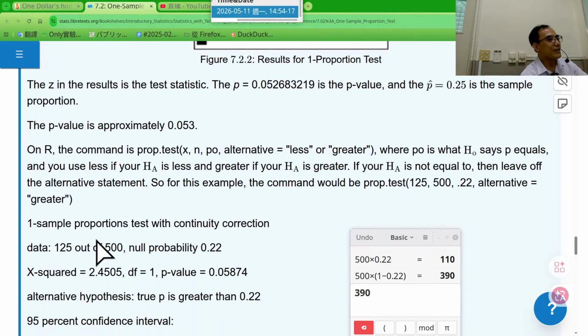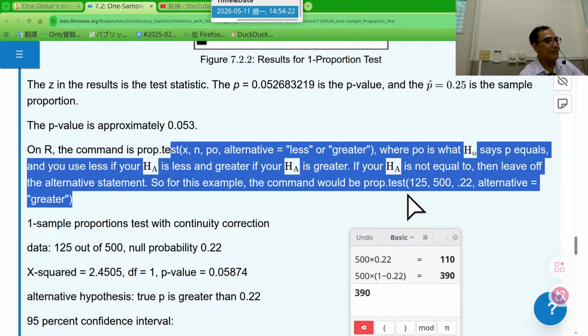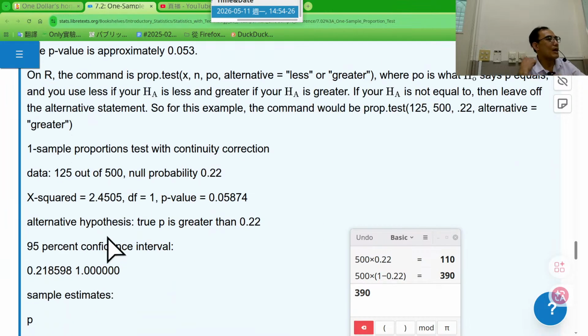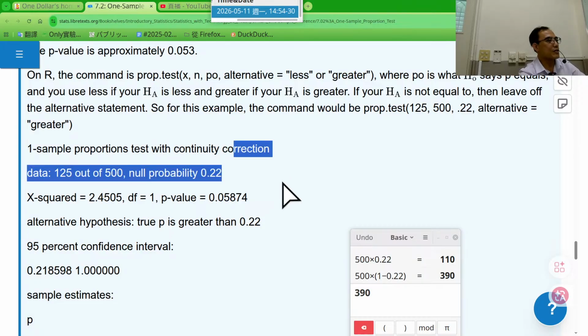On R, the command is the population test like this one, and one sample proportion test with continuity correction like this one.